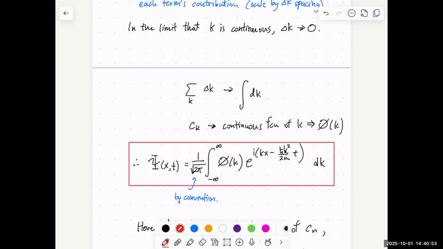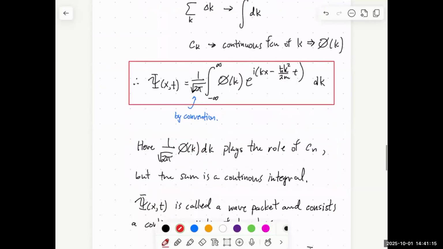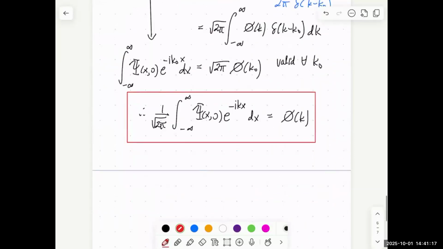And so we have this way of transforming from functions of x, which is like position in real space, to functions of k, which is going to be like our momentum. So we can move between thinking about things in terms of position or in terms of momentum, and momentum is like inverse wavelength. And we could go either way.